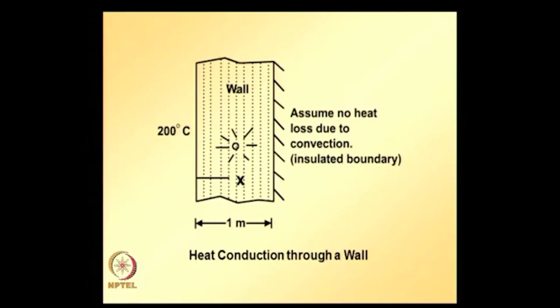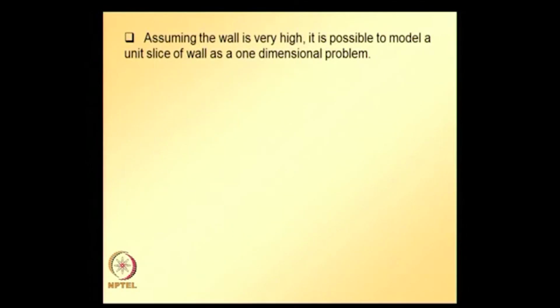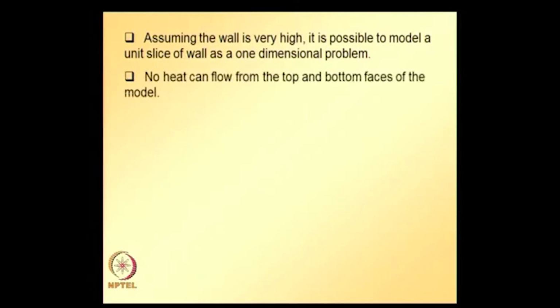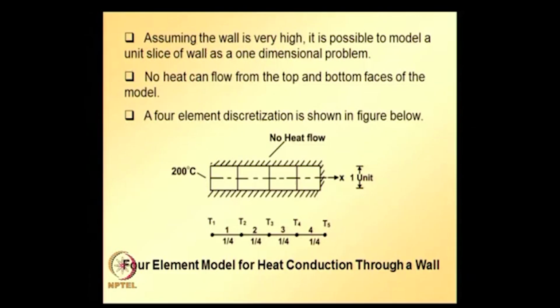Using a one dimensional model, we can model a unit slice of the wall, and no heat can flow from the top and bottom faces of the model. The schematic shows the meaning of this statement, and the entire wall thickness is discretized using 4 elements.